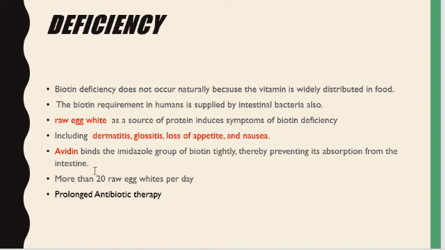Raw egg white contains the glycoprotein avidin, which binds tightly with the imidazole group of biotin, so it prevents absorption from the intestine. This may occur if more than 20 raw eggs are used daily, otherwise no. Also, sometimes prolonged antibiotic therapy causes deficiency of biotin.